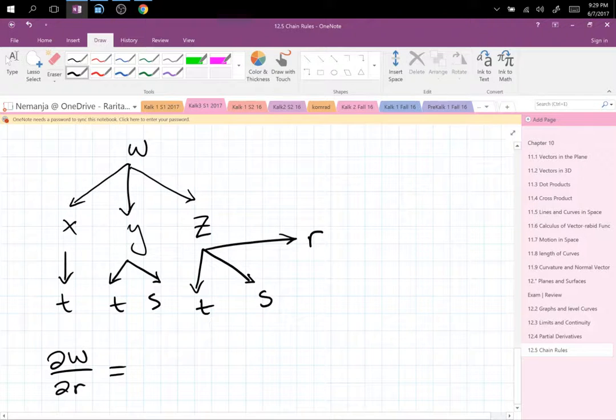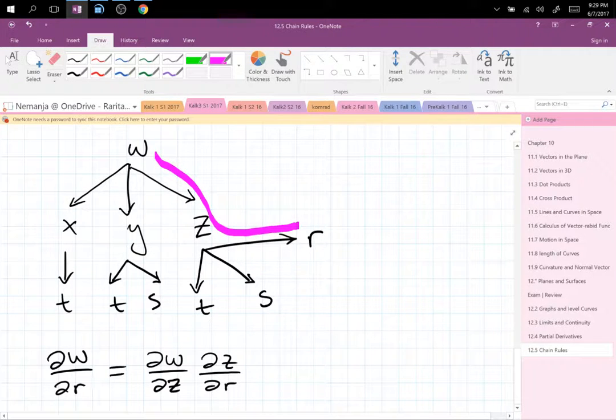What is partial W partial R in this case? Done. There is only one branch that leads from W to R. I only want branches that go from W to R because that's what I'm looking for. Partial W, partial R.